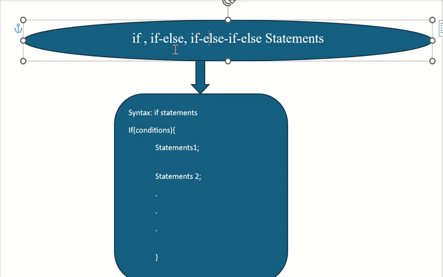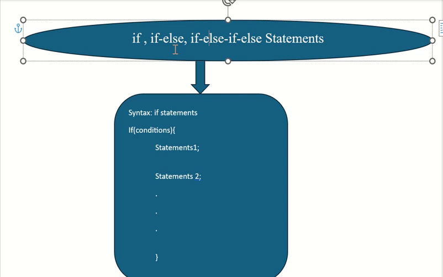Why do we use if, if else, or else if? There are three versions. Why do we use the if statement? In programming, suppose you are using multiple conditions, multiple perspectives. Suppose you are a student, your name might be XYZ, your age might be XYZ, and we want to perform some operation between this age and between this name, for example how many students are studying in the college or in the school.